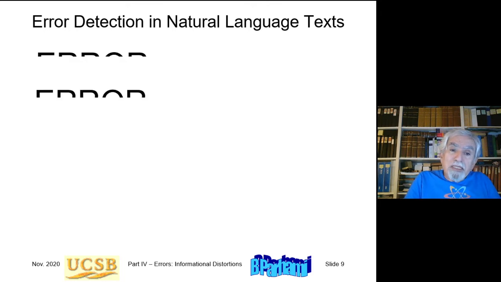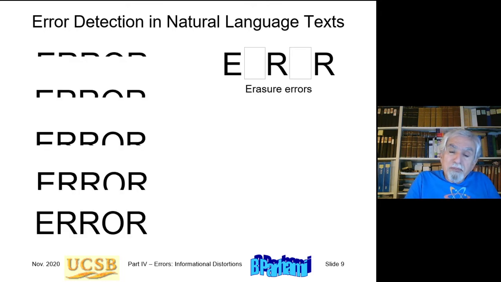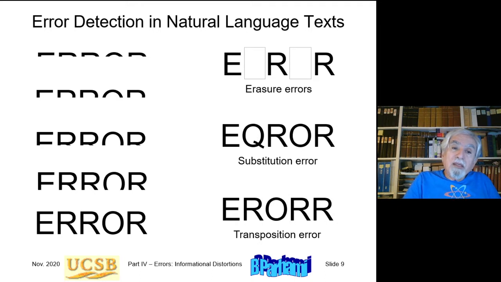Okay, here are some examples of error detection in natural language text. So here I was trying to write the word error. Maybe the printer had some problems, or maybe I'm covering up part of this word. If you look at that word, you can't make it out, probably.